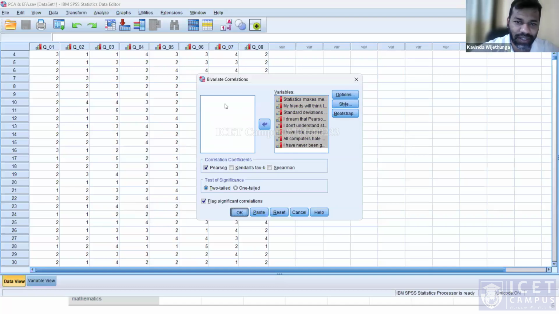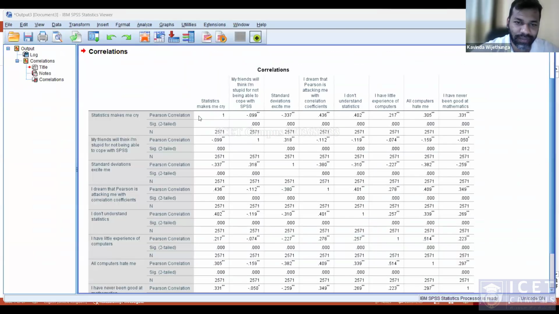So if you consider that statistics makes me cry with my friends will think I am stupid for not being able to cope with SPSS, then here they have a negative 0.99 correlation, right?